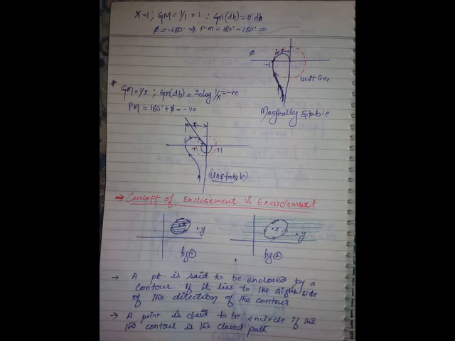Gain margin is defined as 1 by 2. Gain margin in decibels will become 20 log 1 by 2. Is log 1 by 2 positive or negative? So why take 1 by x? If you don't take 1 by x for gain margin, you will never know whether the gain margin is positive or negative. That is why gain margin should be represented as 1 by x.